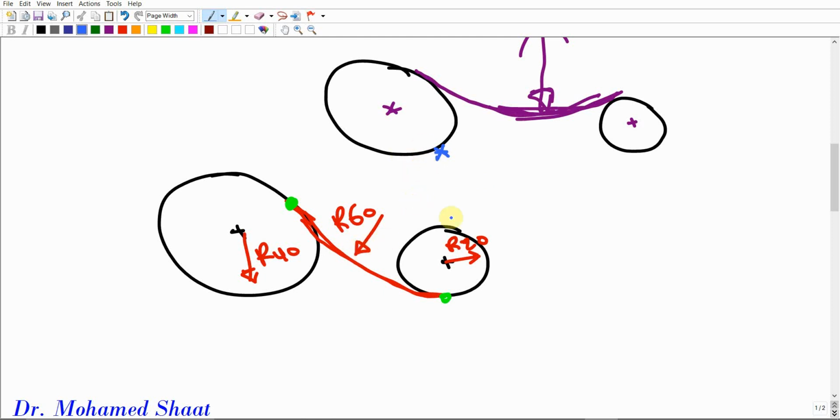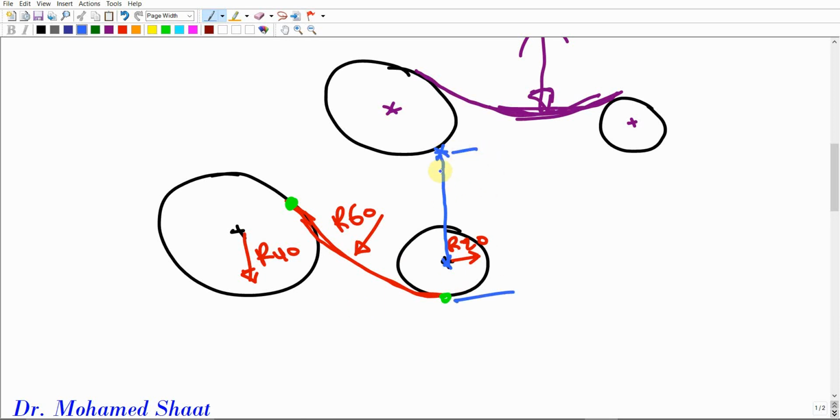Then if I ask you how much is the distance between this center and this center, it's going to be the difference between the radius of 60 and the radius of the small circle. How did I know? Simply, if you draw this line, how long is it? How much is the distance from this center to this tangent point?